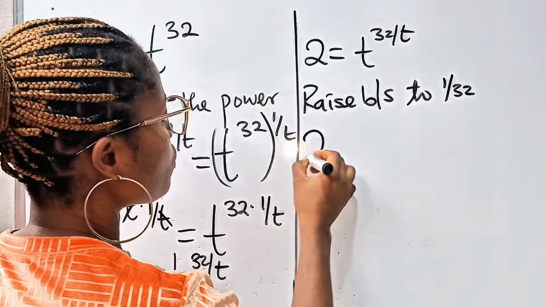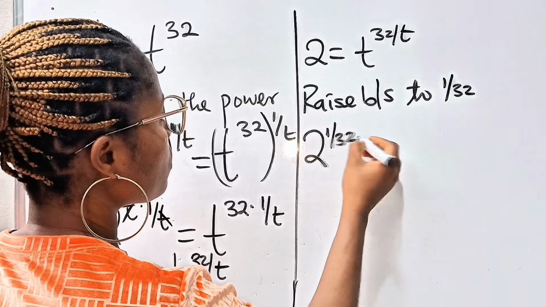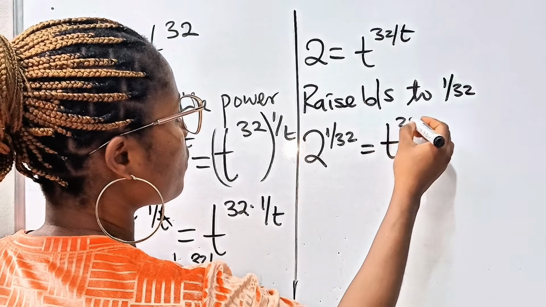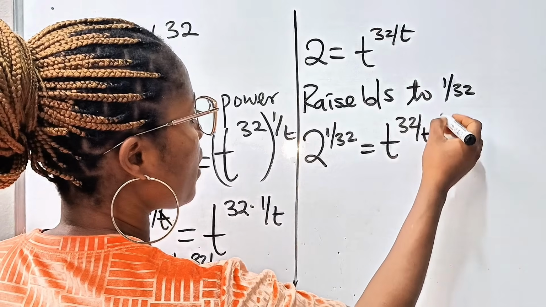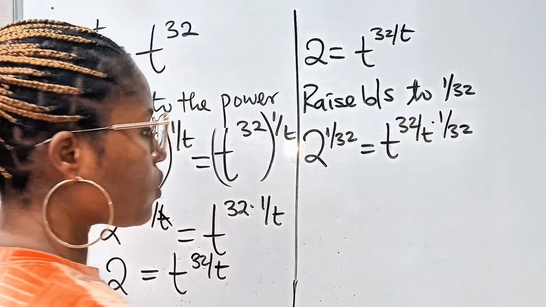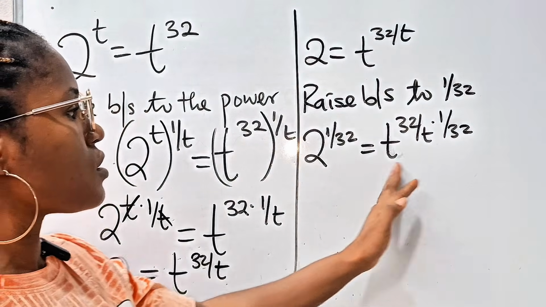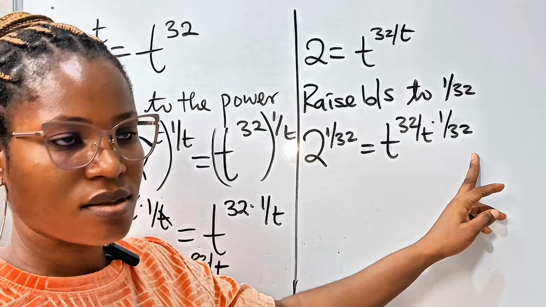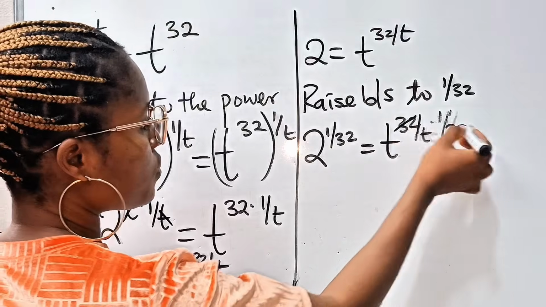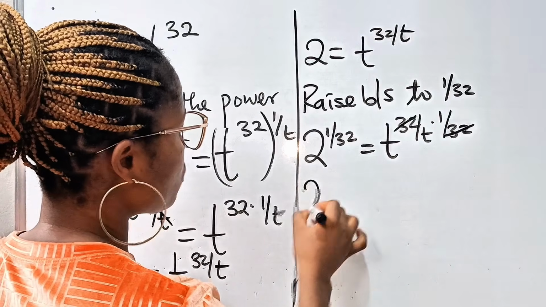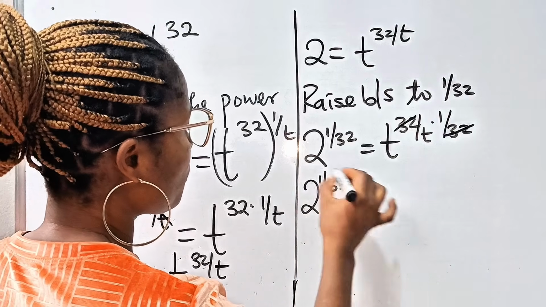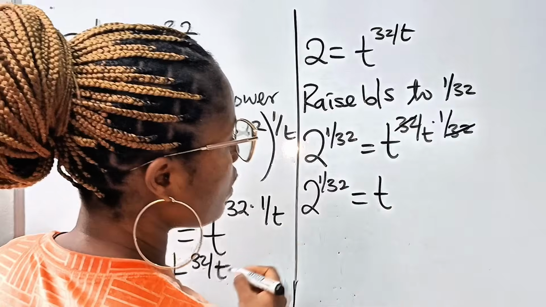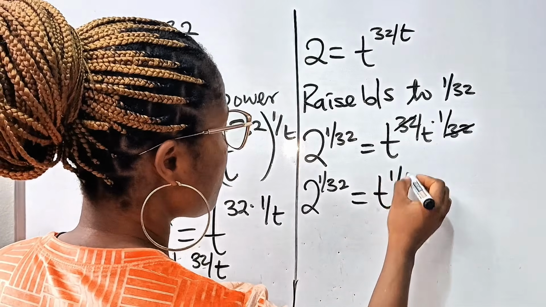So I will now have 2 to the power of 1 over 32 is equal to t to the power of 32 over t multiplied by 1 over 32. You know why I'm multiplying already, right? Because this to the power of this to the power of this is this to the power of this multiplied by that. So this will go and this will go. We are now left with 2 to the power of 1 over 32 is equal to t to the power of 1 over t. Great.